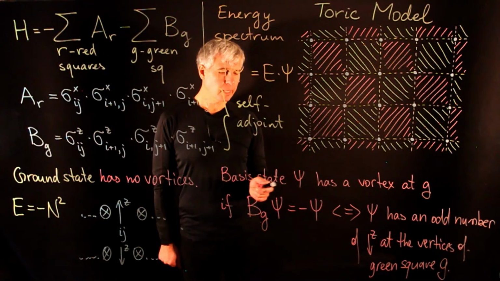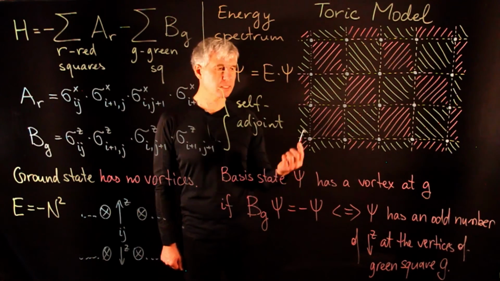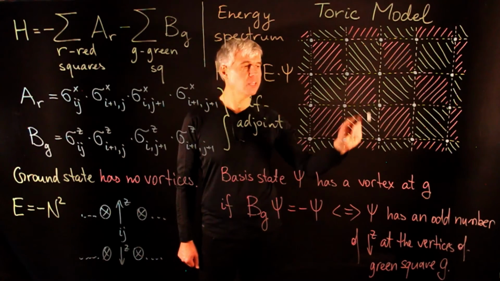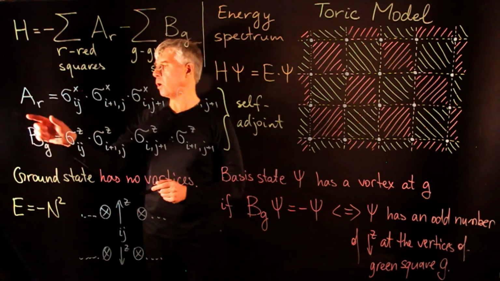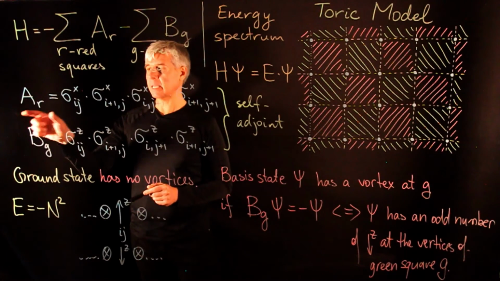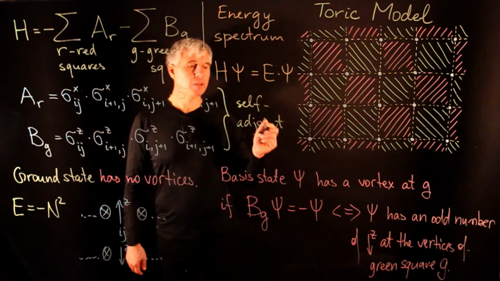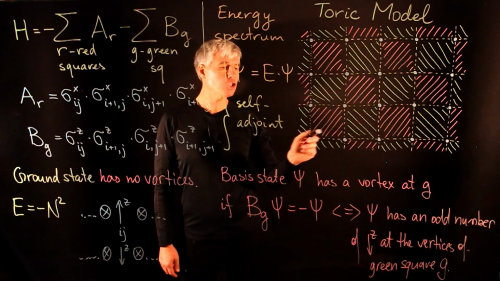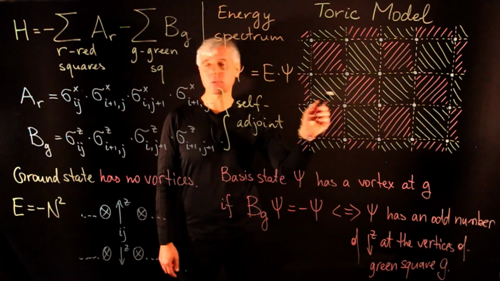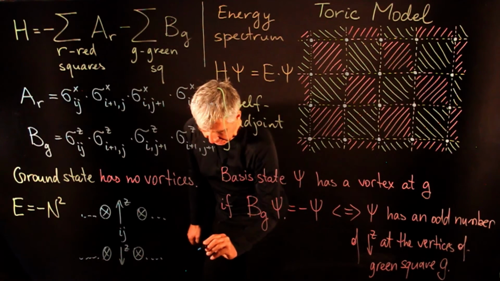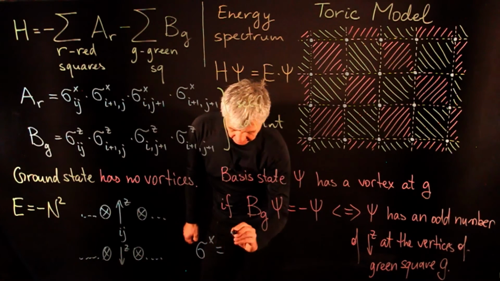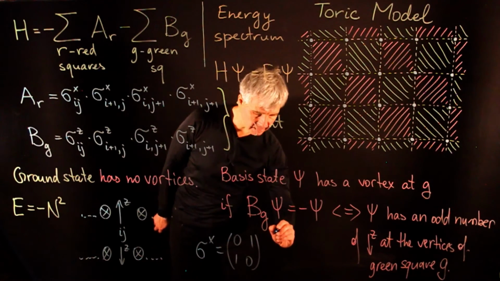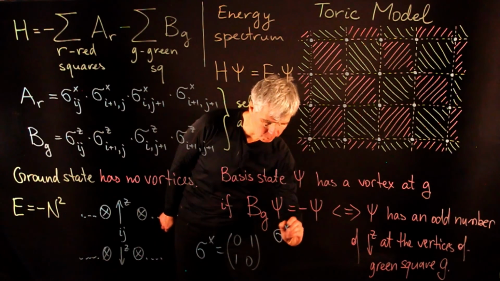If we take a basis vector which has up z or down z tensor factors at each lattice vertex, then what AR operator does, it would flip the up z and down z factors at each vertex of the red square, because sigma x matrix looks like 0, 1, 1, 0, and that's what it does to up z and down z vectors.